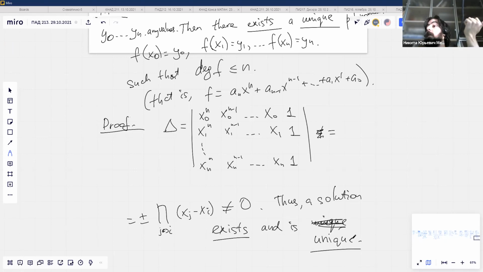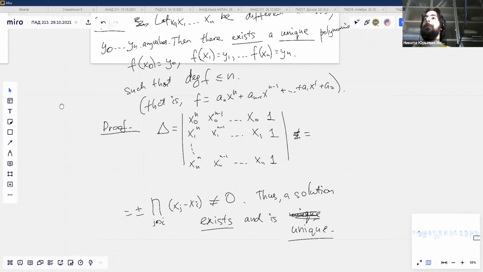Unfortunately, this theorem doesn't tell us how to find it, because using Cramer's rule to find it is kind of silly. It will take too much time and steps. Instead, we usually use simple Gaussian elimination, or there are some other tricks we will learn one day later.